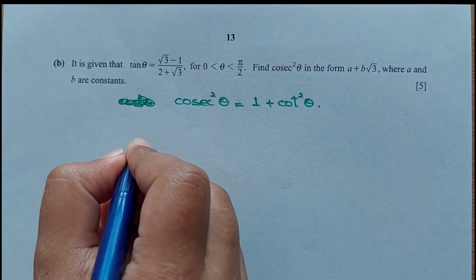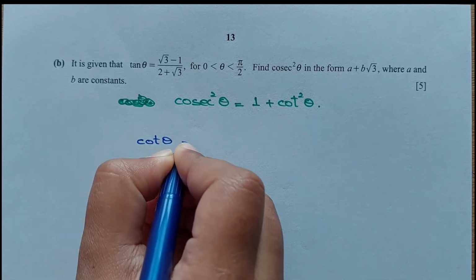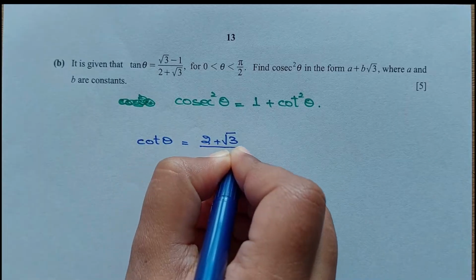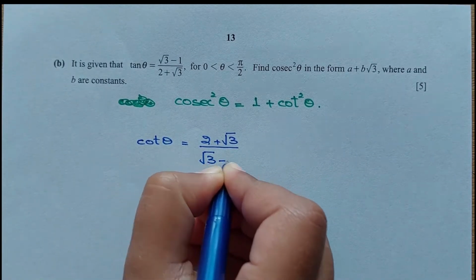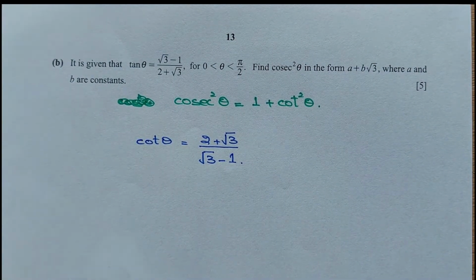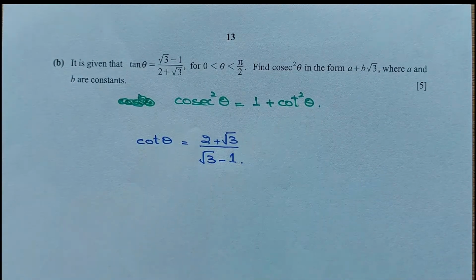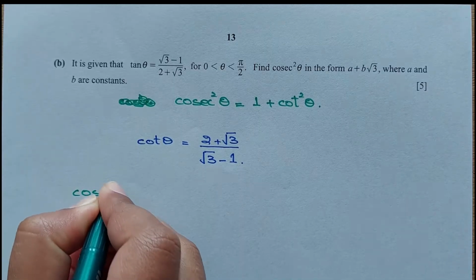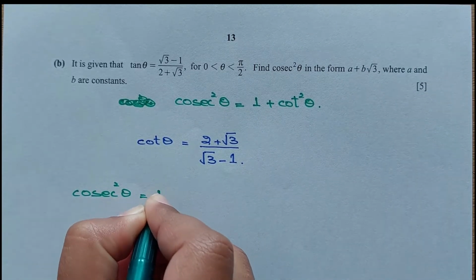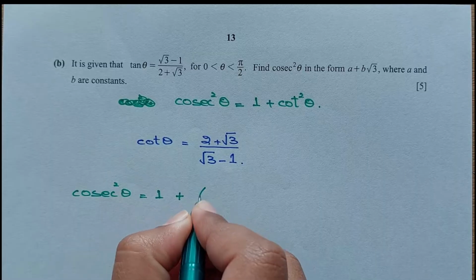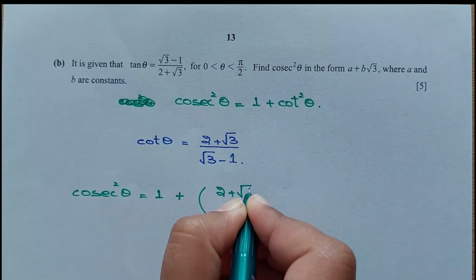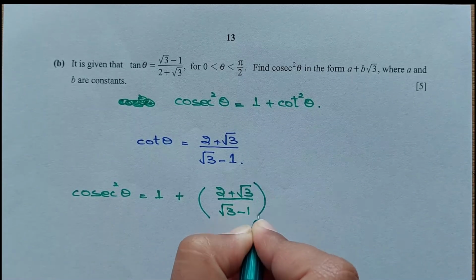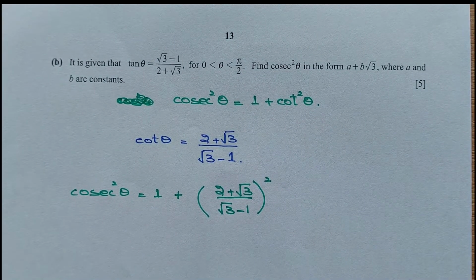Tangent is basically 1 by cot. So it means cot theta is the reciprocal of this term: 2 plus square root of 3 over square root of 3 minus 1. Right. So let me substitute the value over here to get the answer. Cosecant squared theta is going to be 1 plus cot squared theta, that is 1 plus (2 plus square root of 3 over square root of 3 minus 1) whole squared, right?